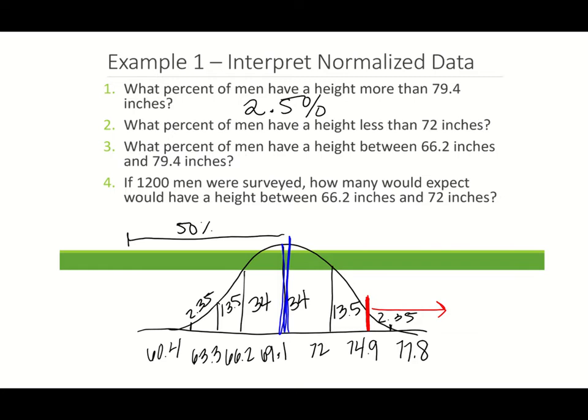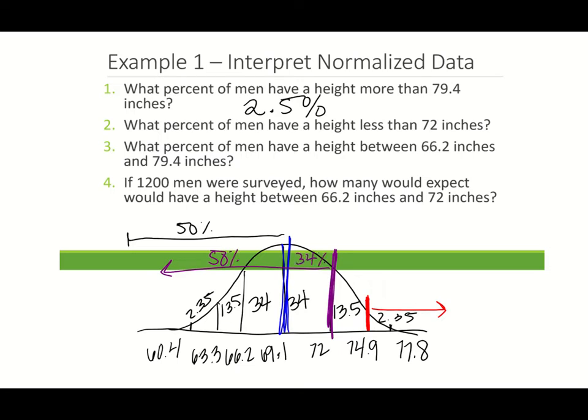So what percent of men have a height less than 72? Here I have 72. I want to know how many men have a height less than 72. Well, I know from this blue line over here, I have 50%, and here I have 34%.